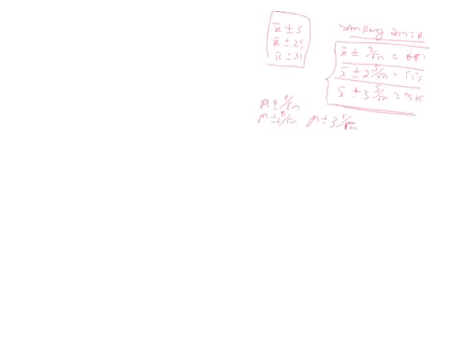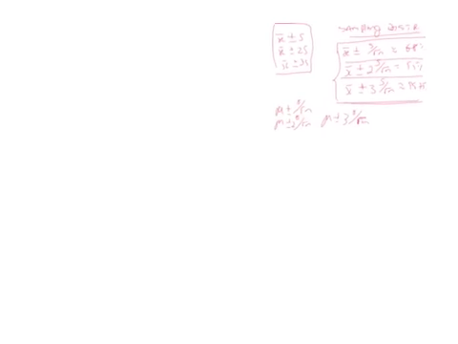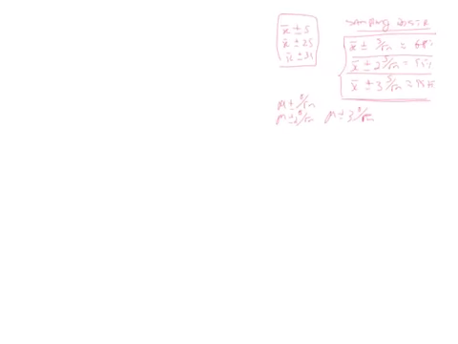Just to clarify this a bit, for example, when I have a range like x bar minus 2s and x bar plus 2s, what I'm saying is that 95% of all the values, but notice I'm using x, which are individual values from a population.